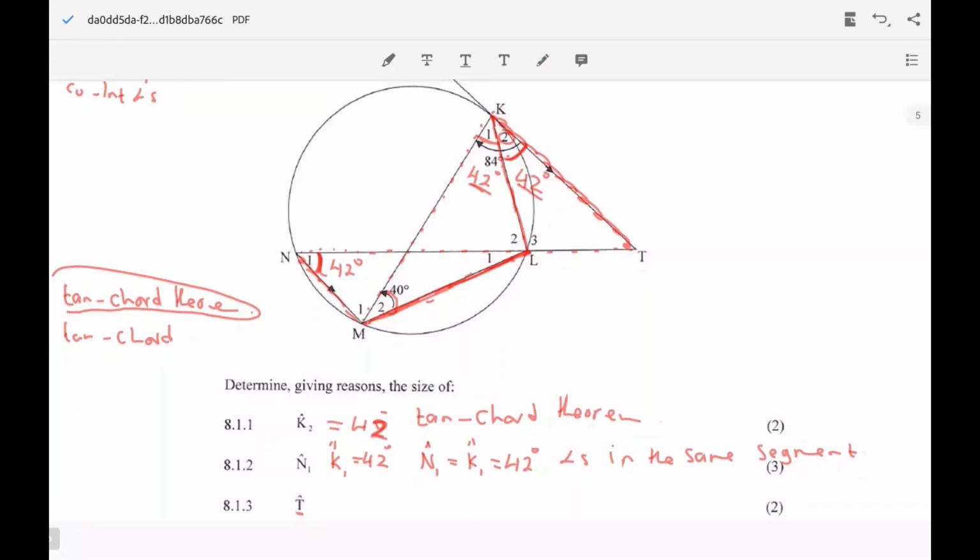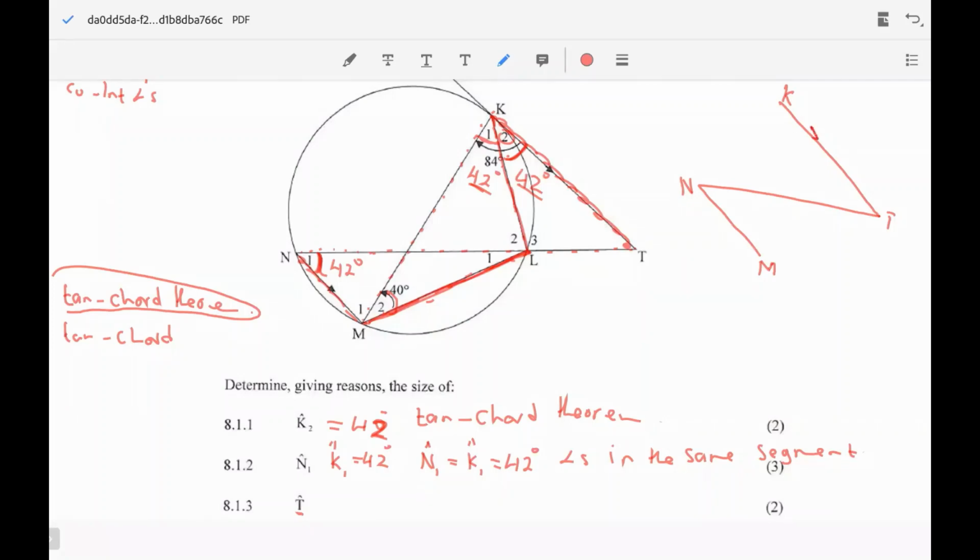Remember, we're given that KT is parallel to NM. So this is NM, if you follow that.